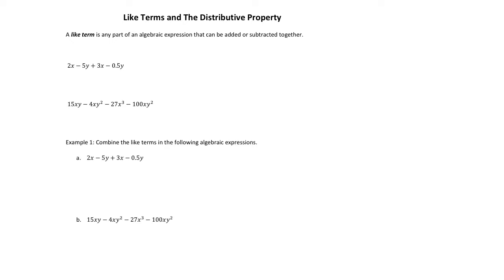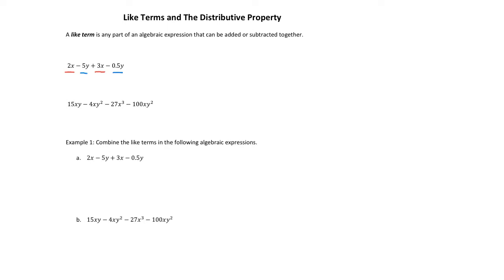If we check out 2x, that can be compared with 3x, and the reason is the variables on them are exactly the same. So we have 2 of something, we have 3 of something else, that means we can combine those together. If we look at the 5y and the 0.5y, those 2 terms are also like terms.